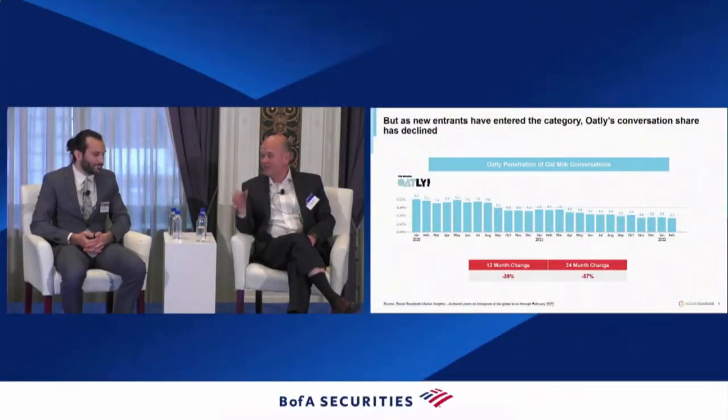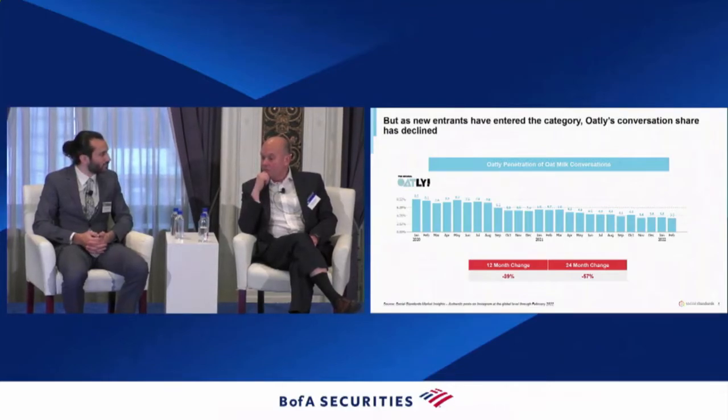It's not a good sign. And we've seen this with other brands. So is that the correct interpretation of this chart? Are there other variables that we're not considering? For instance, people post about oat milk, they don't care about brands, or aren't as concerned about brands. Just how would we interpret that?